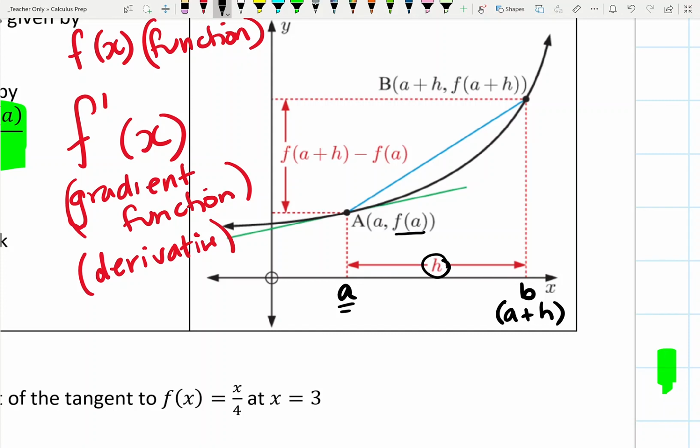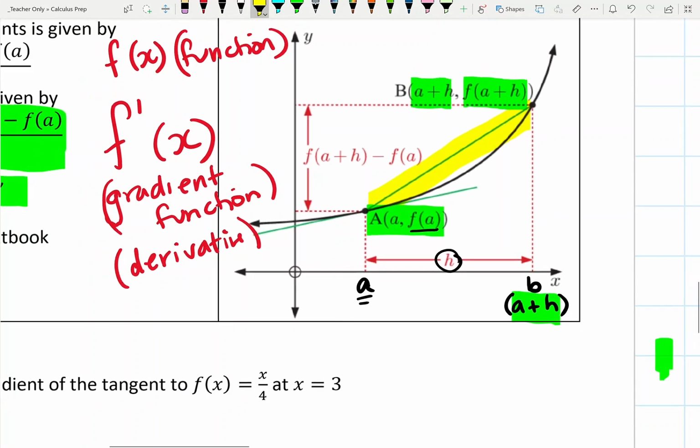But because we like working in a single variable, we're going to call it A plus h. And we know that if x is A plus h, then y is simply going to be f of A plus h. So these become our 2 points that we're finding the slope of the chord that joins them, because here's the chord that's been drawn in.